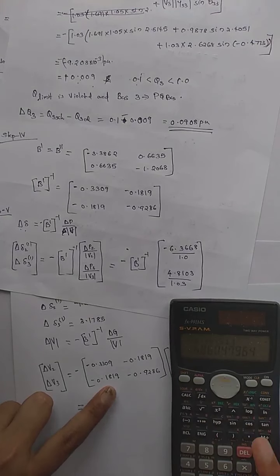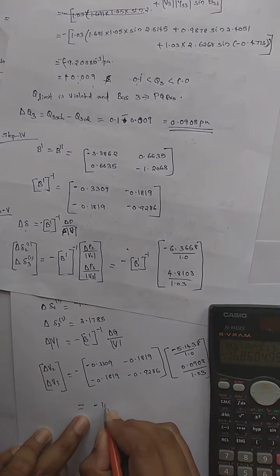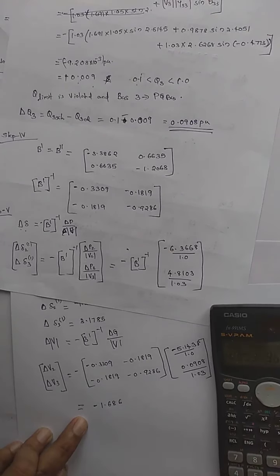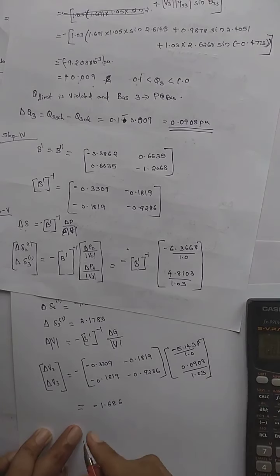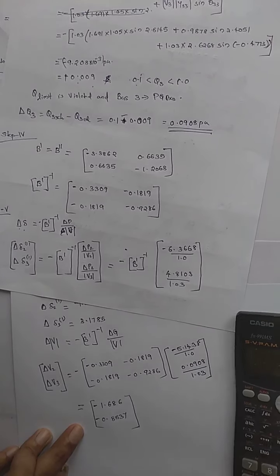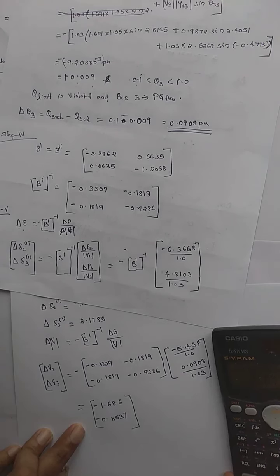The value I got is delta V2 equal to minus 1.686, and the second value is minus 0.8537.